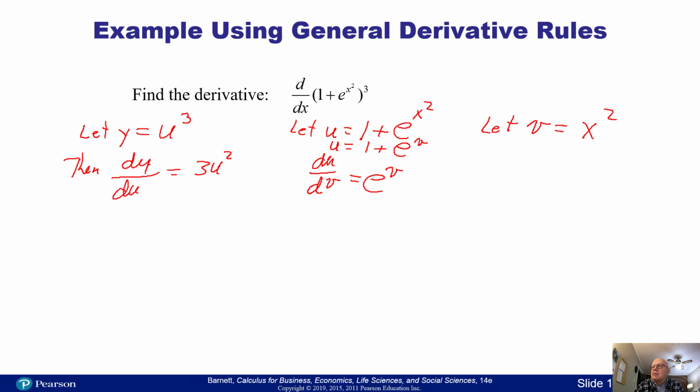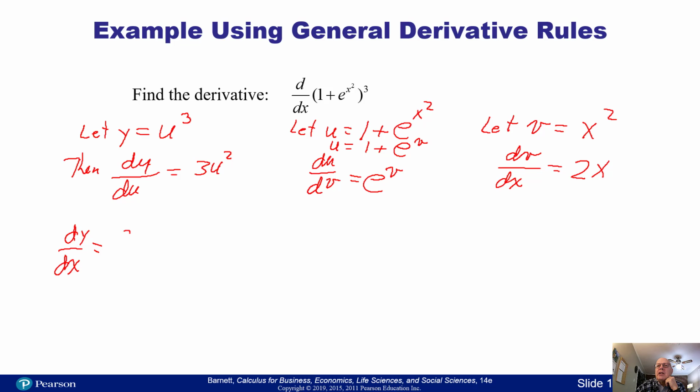And we'll take this one. We need to take the derivative of that. dv/dx. Well, there it is. And we just get the 2x there. We're in business. Now, watch as this comes together. What we want is dy/dx. What do we have?